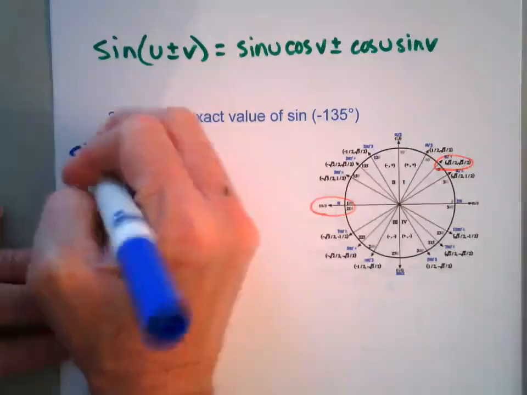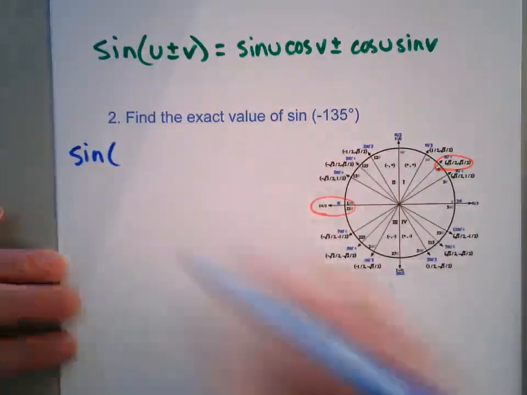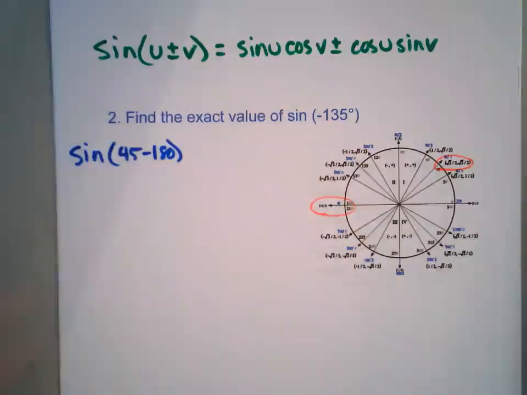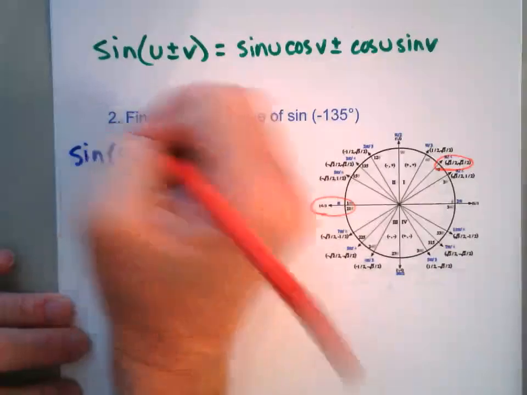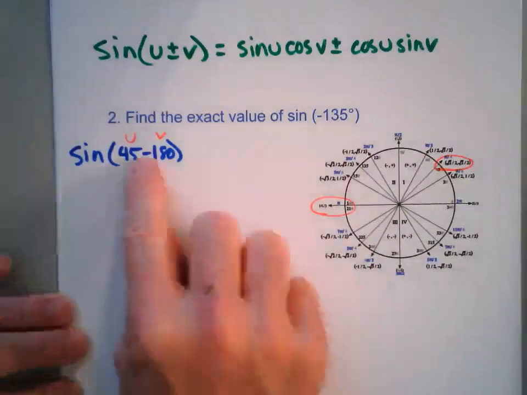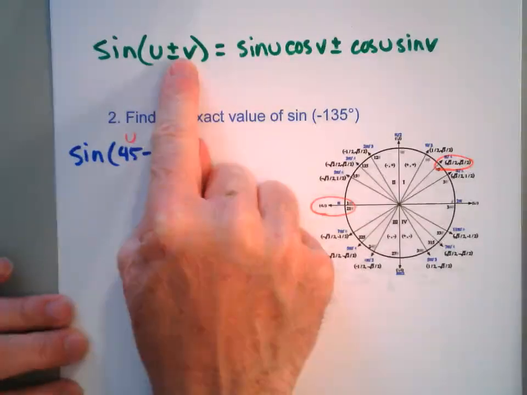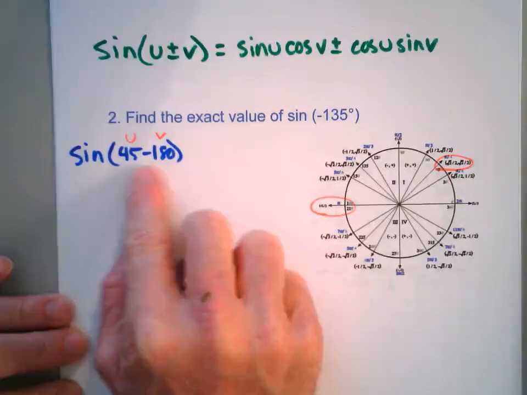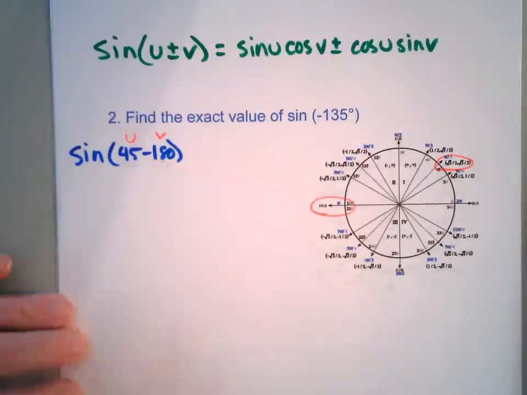So sine, and we want it negative, so it's 45 minus 180. So that makes the 45 become the u, and the 180 become the v. If we're trying to match this to our identity, u is first, v is second, so 45 becomes u, 180 becomes v.